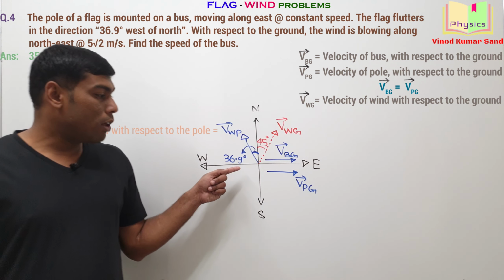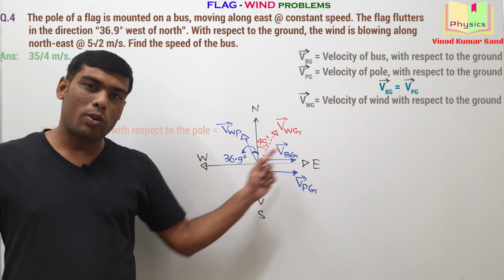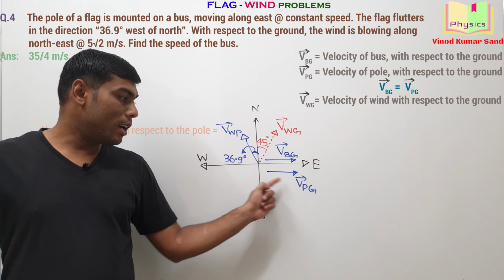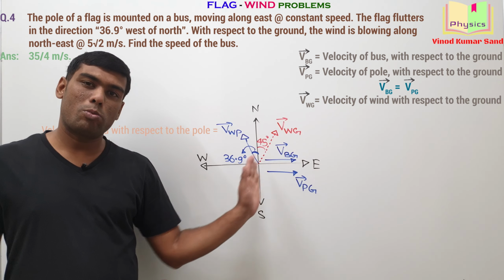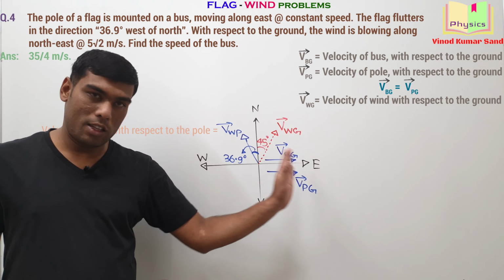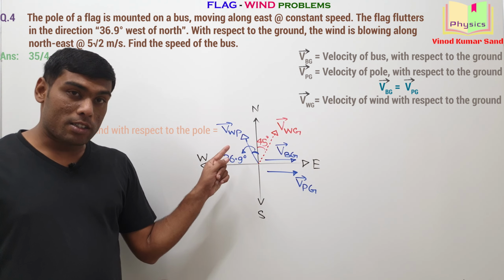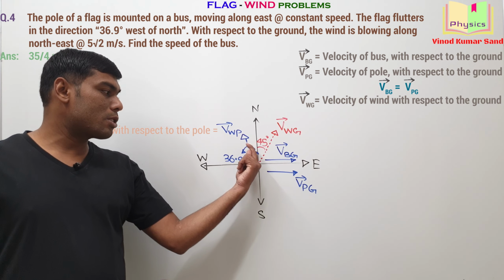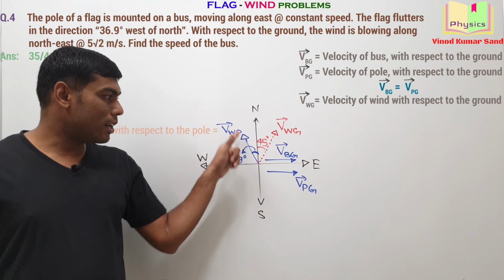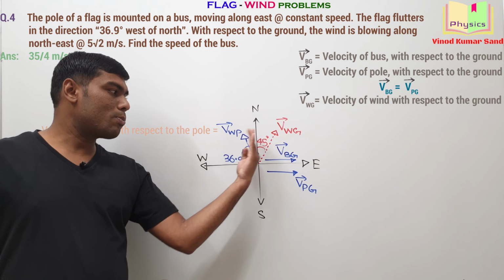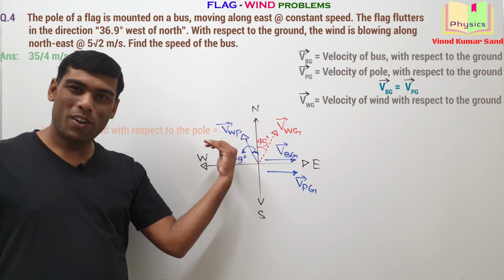I hope you agree with these vectors. Velocity of the bus with respect to ground is given along east, and the pole has been mounted on the bus, so velocity of the pole with respect to ground will also be along the same direction, the east. The flag flutters at an angle 36.9 degree west of north. So that has been shown like this, 36.9 degree west of north.